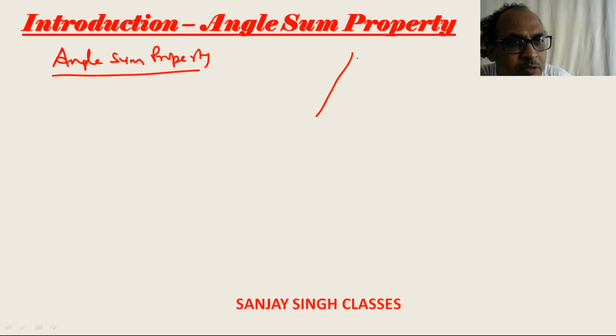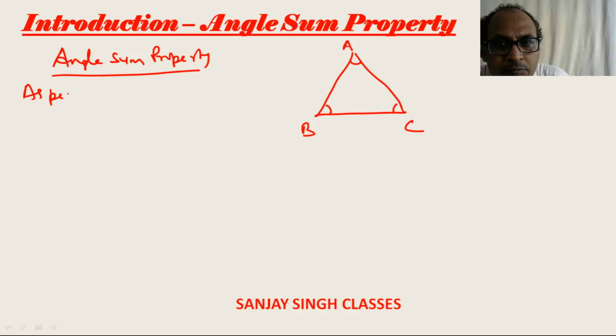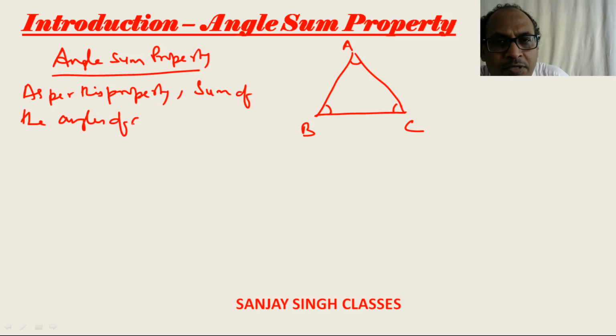So we do have one triangle with us, A, B and C. There are three internal angles, that is angle A, angle B and angle C. And as per this property, the sum of the angles of a triangle is equal to 180 degree.